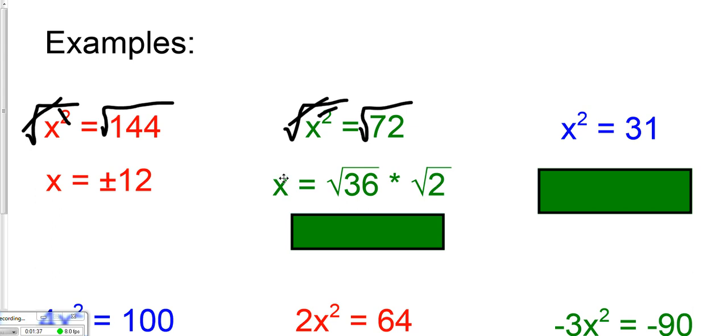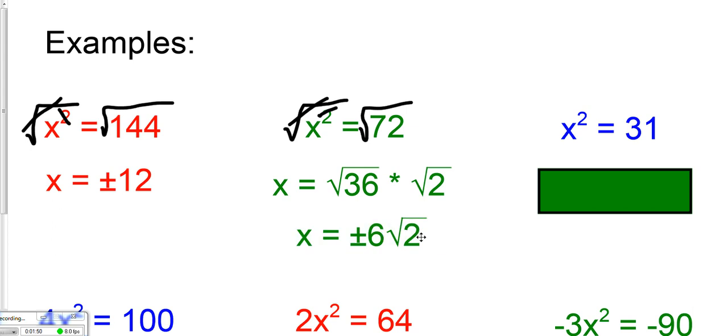So x equals the square root of 36 times the square root of 2. At this point I can say the square root of 36 is 6, times the square root of 2. So 6 square roots of 2. But again, because it's a square root, we need to include the positive and negative version. So x squared equals 72 means that x is either positive or negative 6 square roots of 2. So that's how we can solve using square roots.